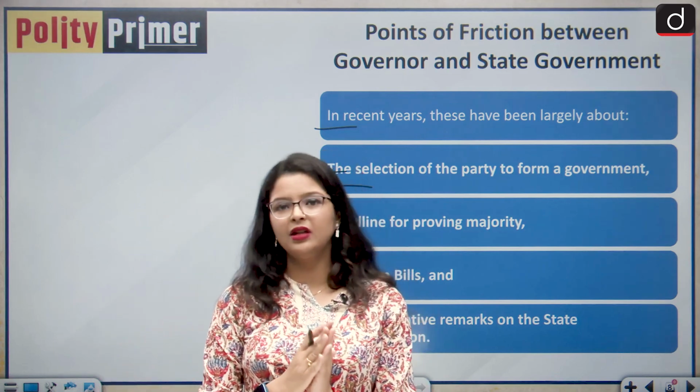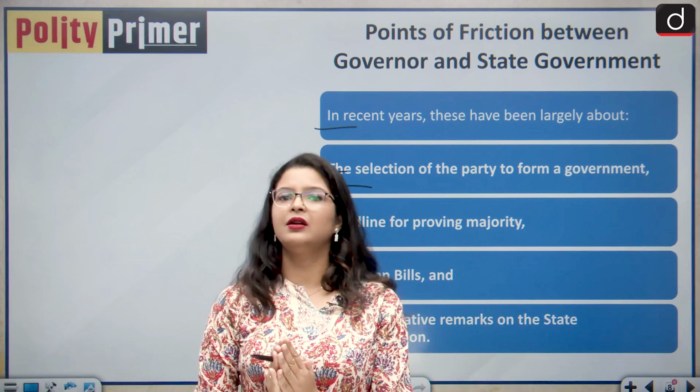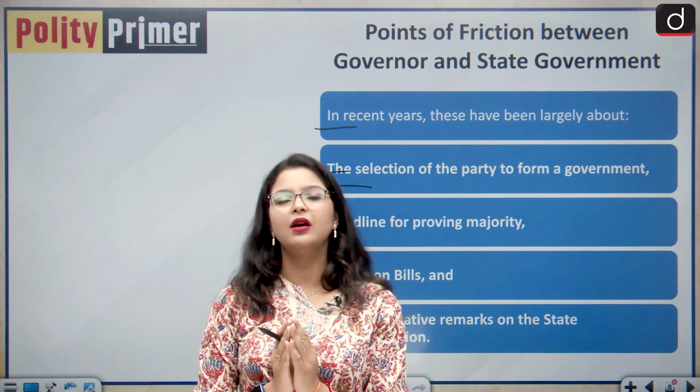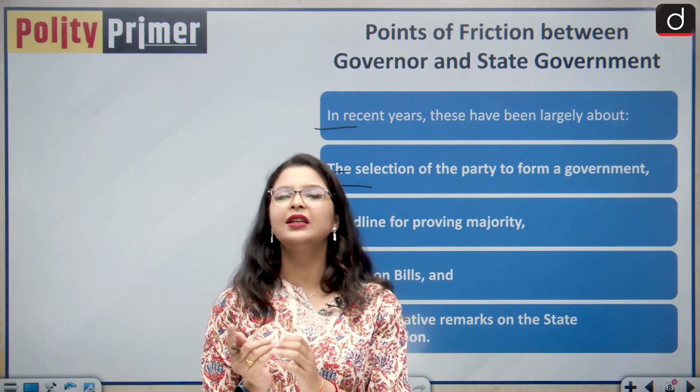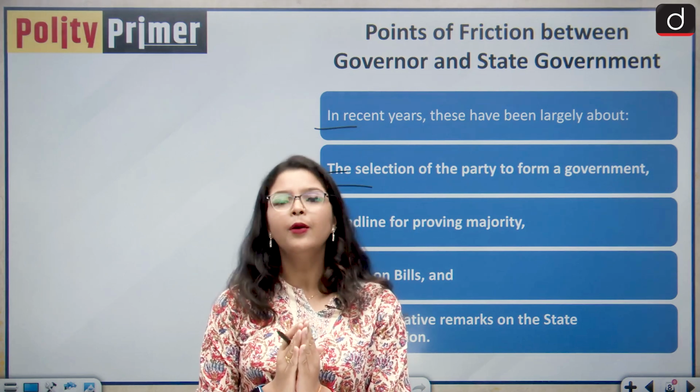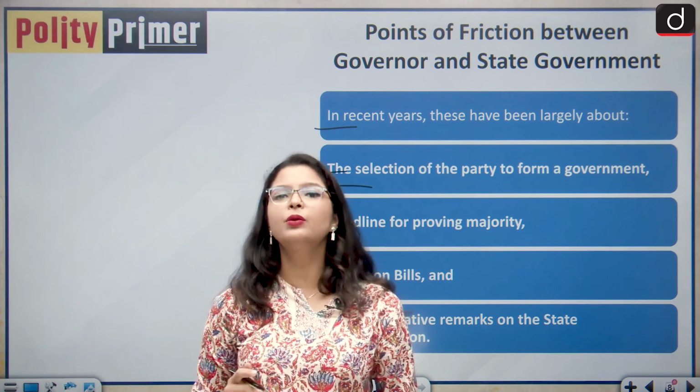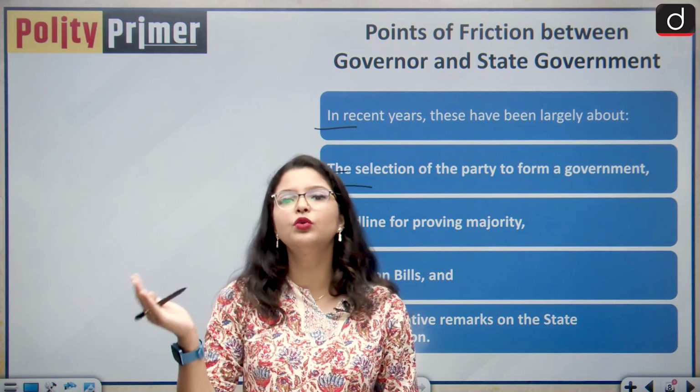Basically, whenever the state elections happen, the largest political party or the party which has achieved a majority in the state elections is called by the governor to form the government in the state. So it is completely his choice whom to call.